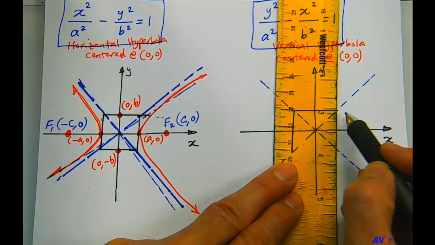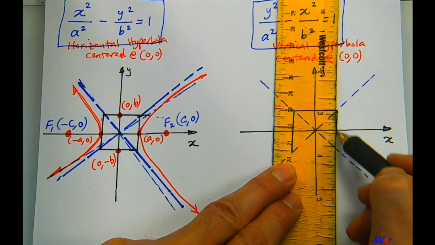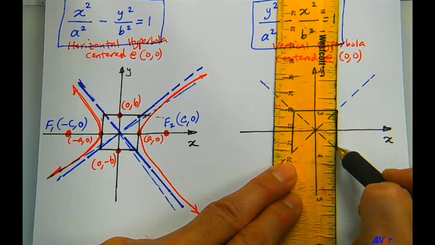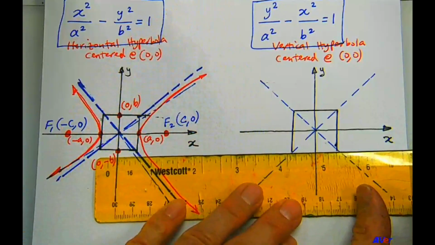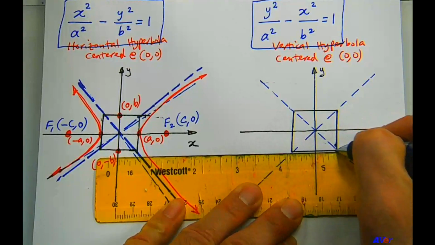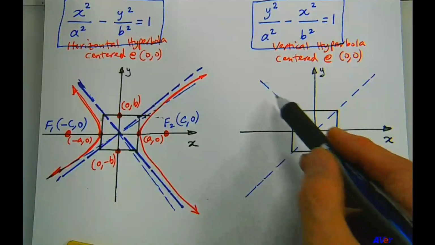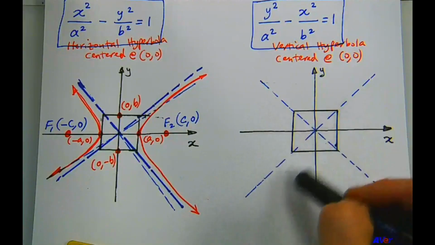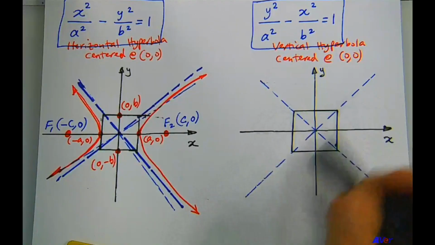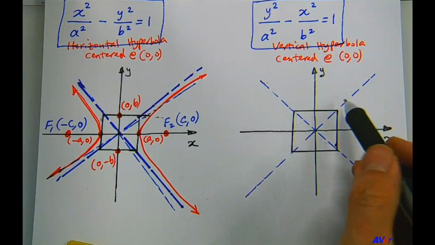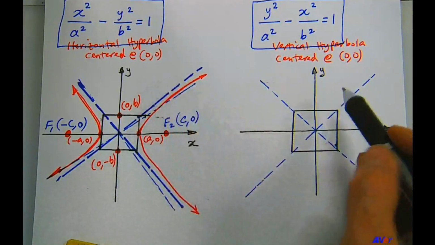And of course that one. And then connect these 2 points. As you can see, the central box is a box where the asymptotes go through the corner points, and so it defines the location of the asymptotes.